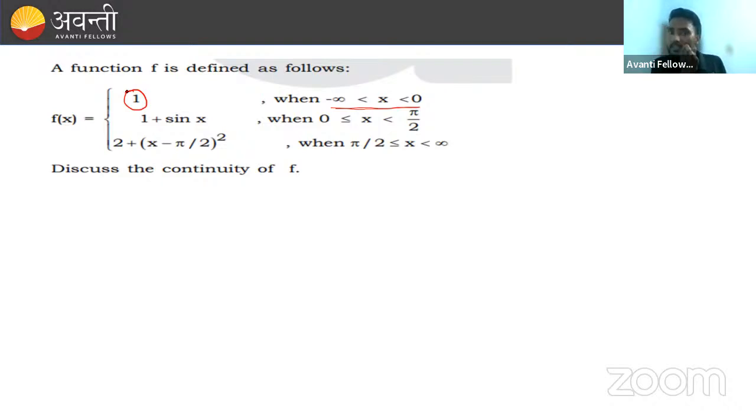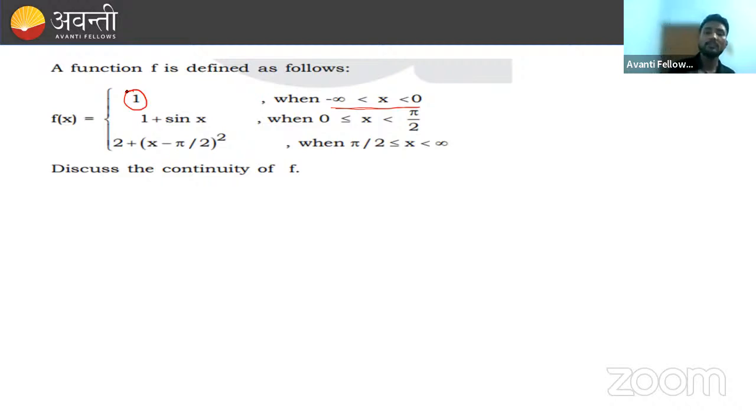But from 0 to pi by 2, around 0, the function value changed. It was 1 earlier, but now it is 1 plus sine x. So there is a chance that there might be a point of discontinuity. There is a doubt that at x equals 0 this function might be discontinuous, so around 0 we have to check.